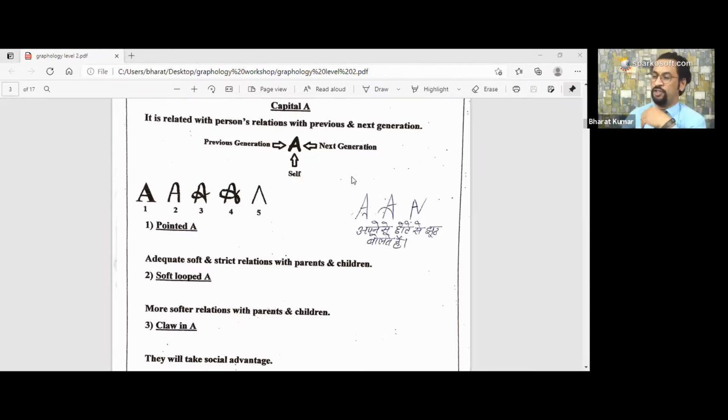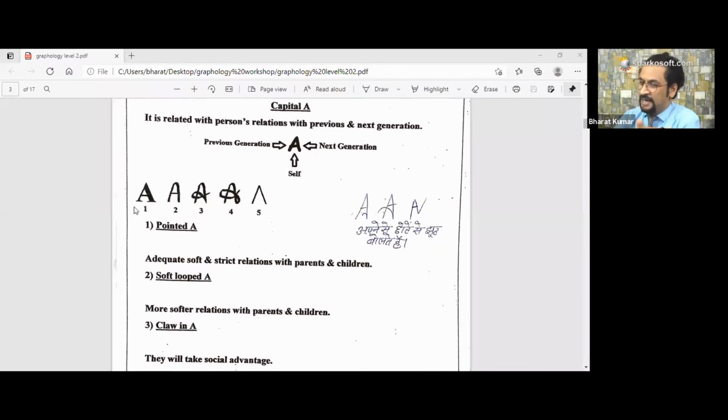Right relates you with your next generation, children. Central horizontal line relates you with yourself. So now number 1A, this is a pointed A. Check, the first one is a very pointed A and perfectly made. Such kind of A, these people are adequately soft and have strict relations with parents and children.